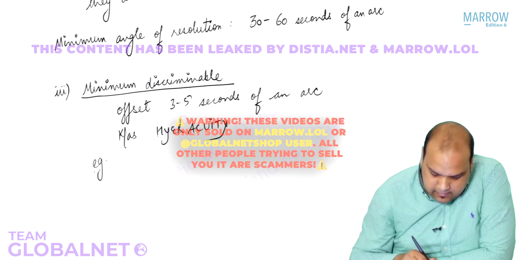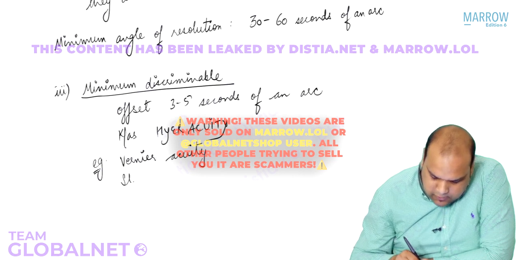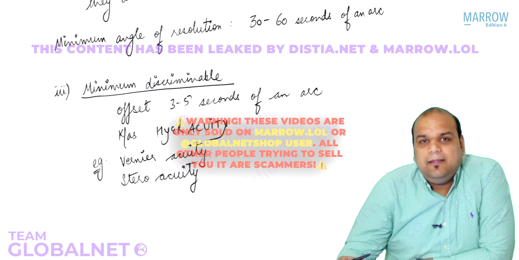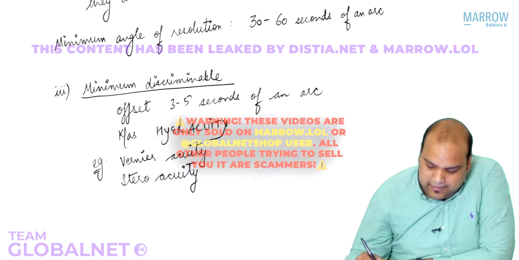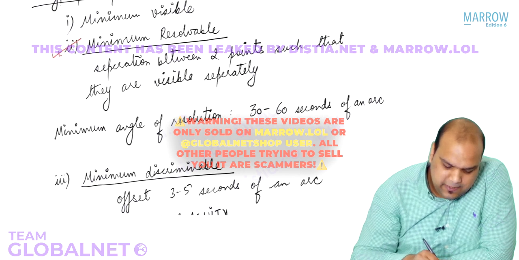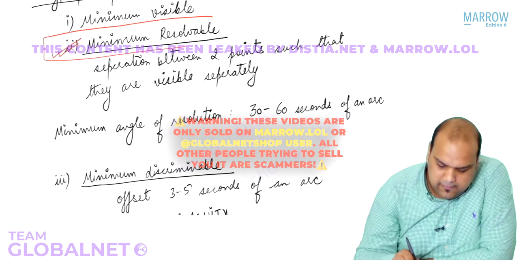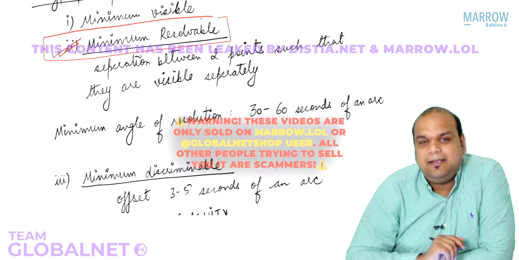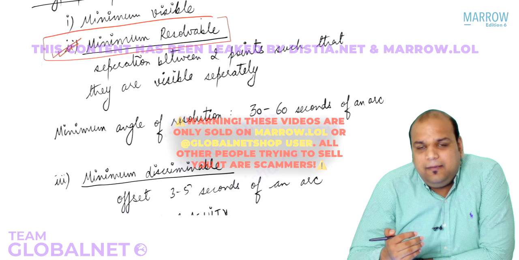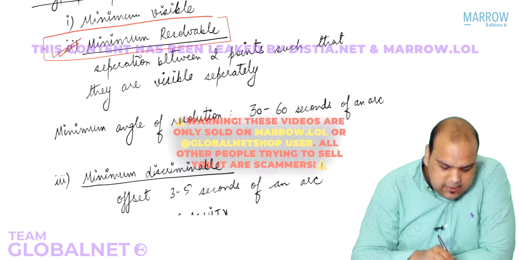There are two examples. One is called vernier acuity and the other is called stereo acuity. Okay. So just remember three components. Please remember that the main component that everything we talk about in tests is based on is minimum resolvable. Okay. Now, very simple, just theory, everybody. Just remember this much.